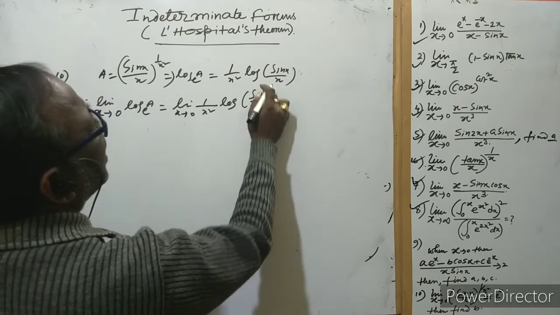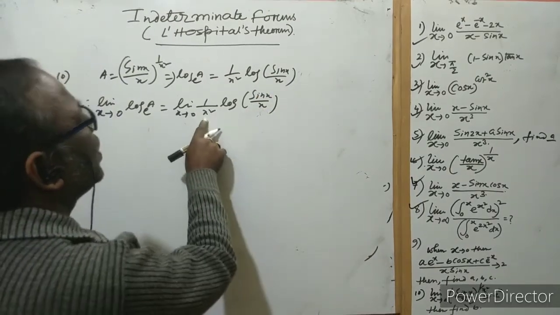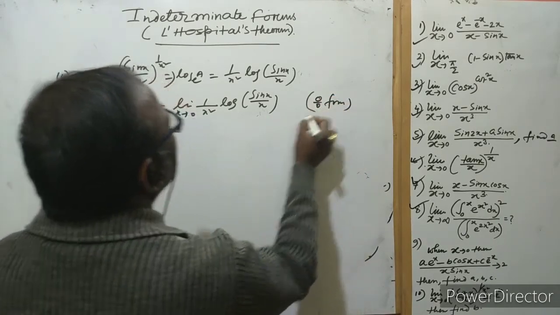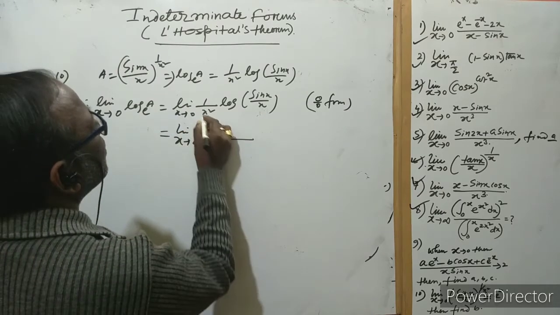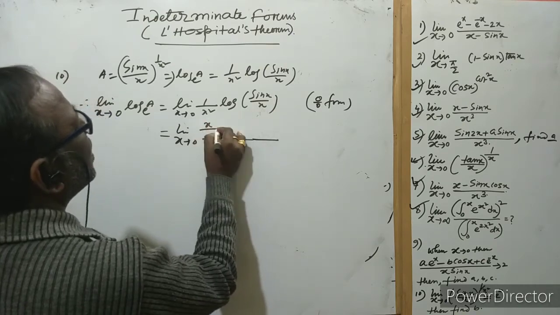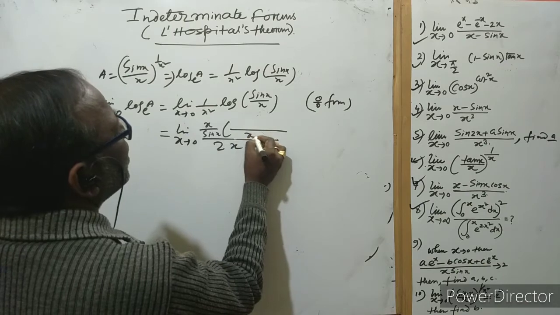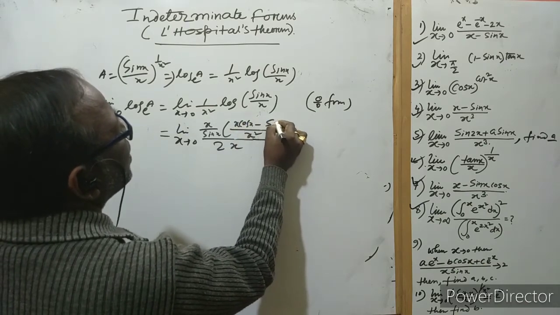Since sin x by x is 1, log 1 is 0, so this is 0 by 0 form. So apply the L'Hospital rule. The rule is that the derivative of x square is twice x. Again the derivative of this is x by sin x, and differentiate this as u by v: x square, x cos x minus sin x.